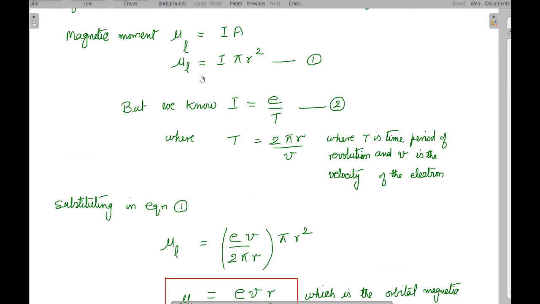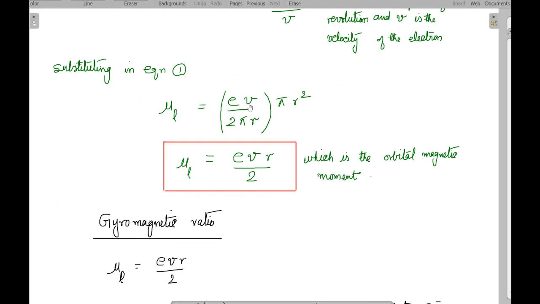in mu L, we can write mu L equals I, which is e by T, which is e by 2 pi r by v, that is ev by 2 pi r. Mu L equals ev by 2 pi r into pi r square. We have substituted equation number 1 with I in terms of velocity.